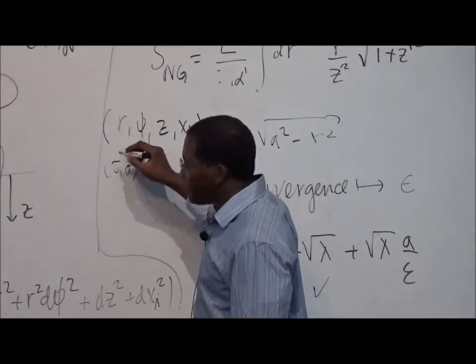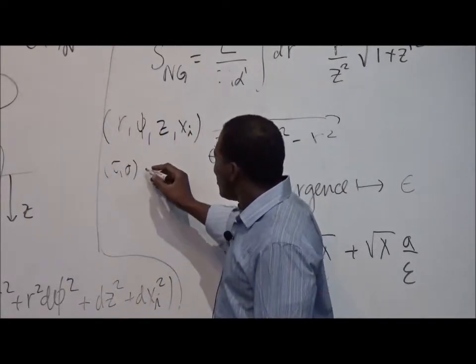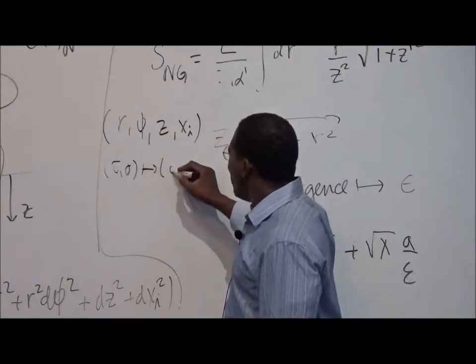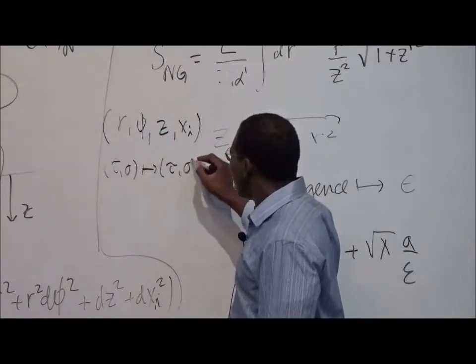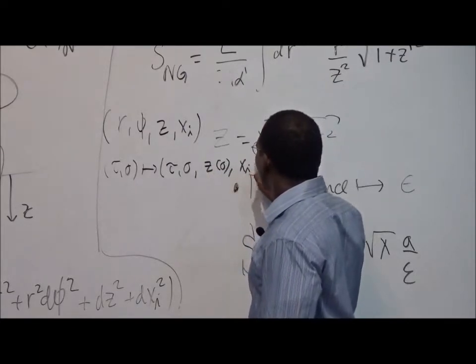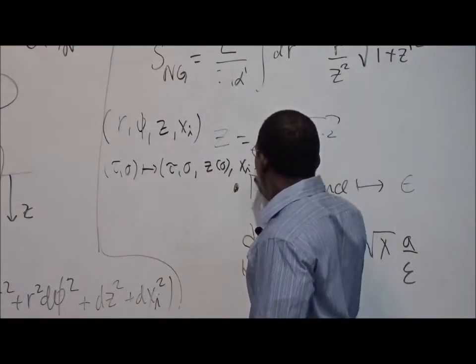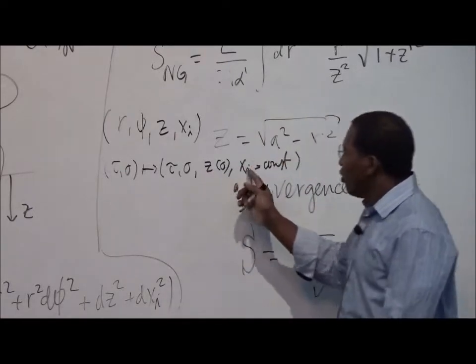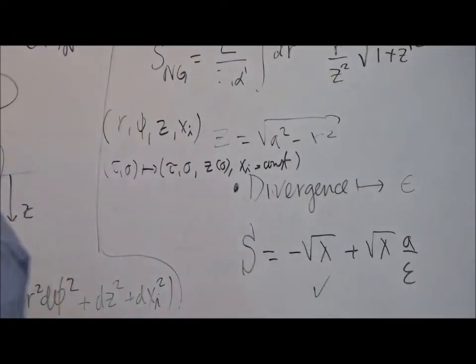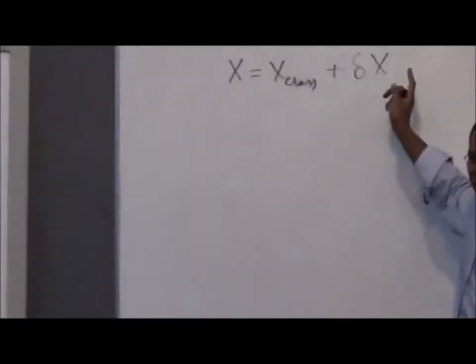And what I decided was that r and phi will be tau and sigma. Z will depend on sigma. And the other ones are going to be constant. That was the embedding. Now I need to allow all these things to fluctuate, which is collectively denoted like this.